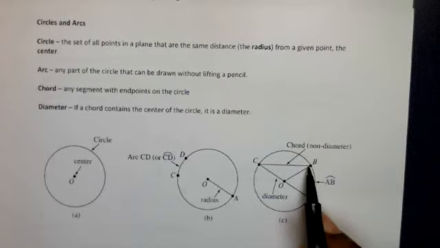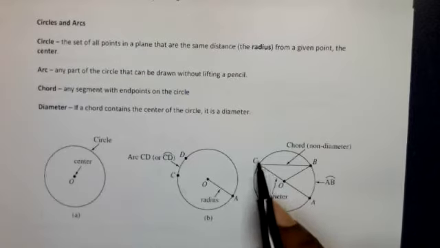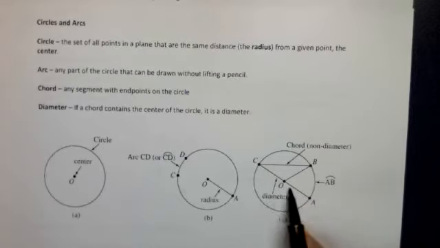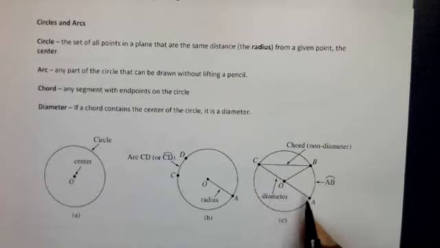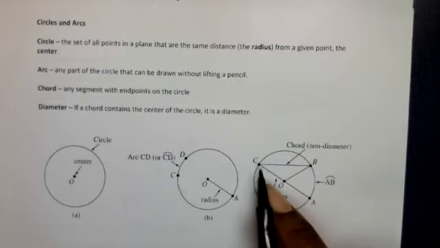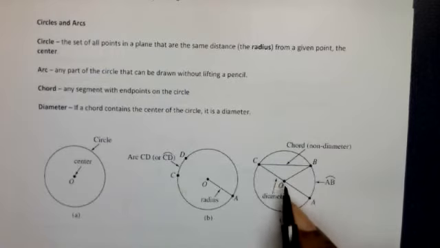And a chord that contains the center of the circle, like this one, we call that the diameter. Because it has the 2 endpoints on the circle, the segment goes through the center. It goes from one point on the circle through the center to another point on the circle.